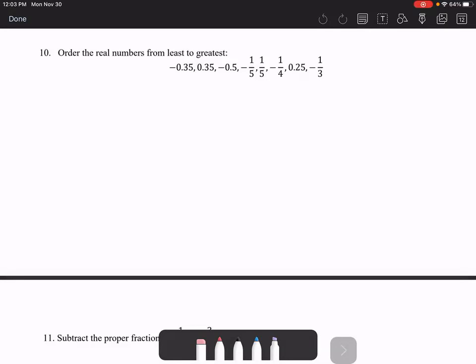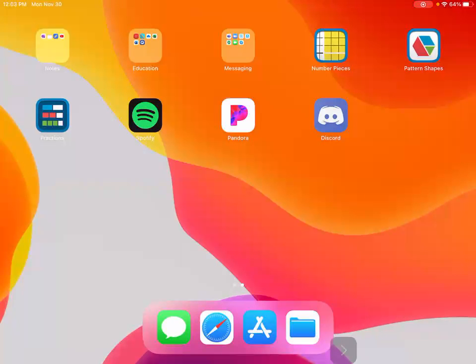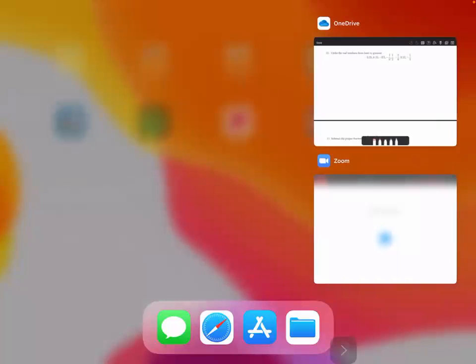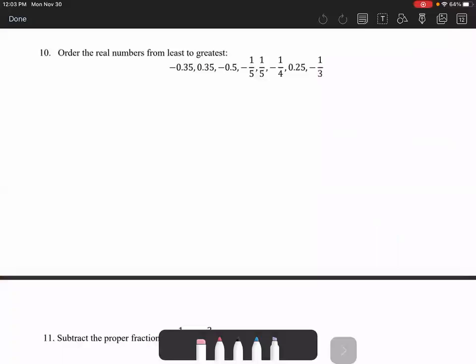So remember that the real numbers, oh no, hold on one second. Sorry about this. For some reason, my pencil wasn't paired.